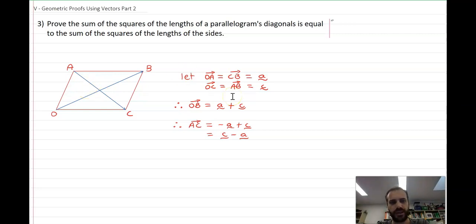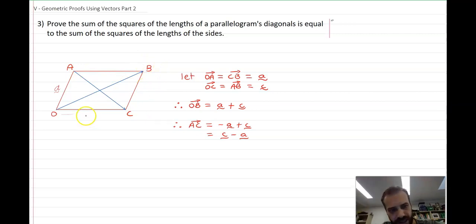Now, we let vector OA equal vector CB because they're parallel, they're the same length. And we'll just call that vector A. I'll just draw it on my image itself. So that's vector A. And we can let OC equal AB, same magnitude, same length, same direction.